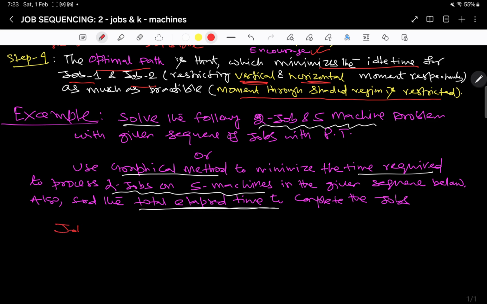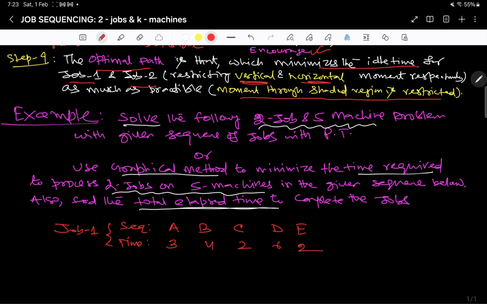Job 1: the sequence is given in the order of A, B, C, D, E. In this order it is given, and the processing time is known. It is 3, 4, 2, 6, 2 hours.